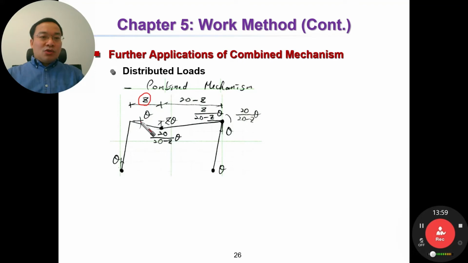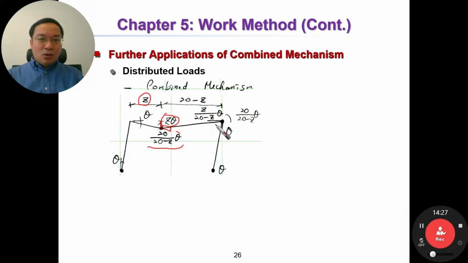And if we assume this angle is theta, then this distance is z multiplied by theta. This angle is z divided by 20 minus z, times theta, for the beam. For the column it is theta.